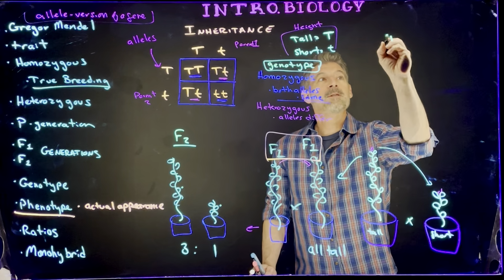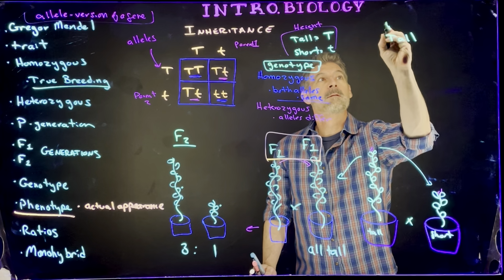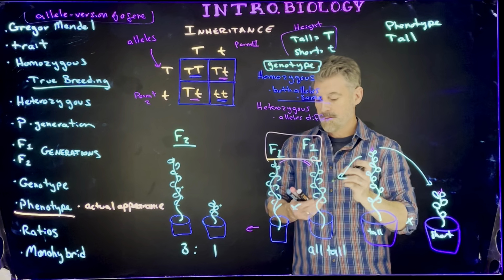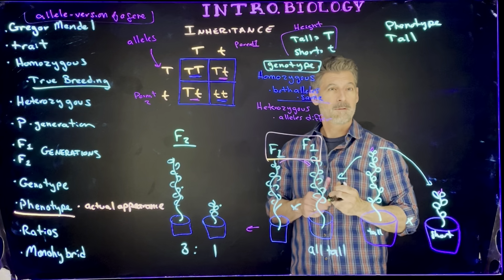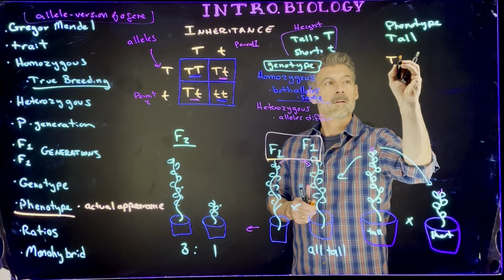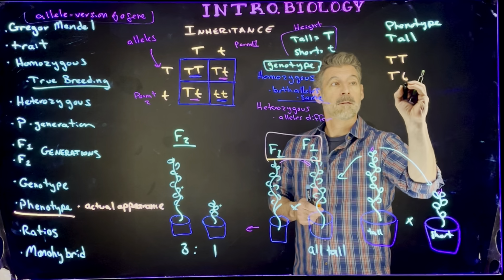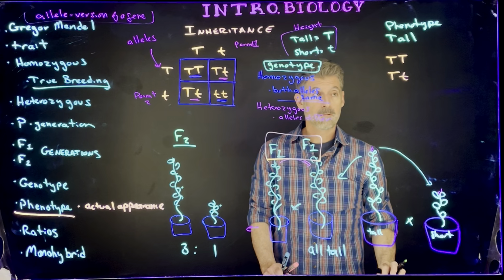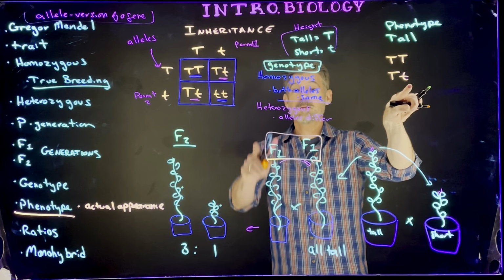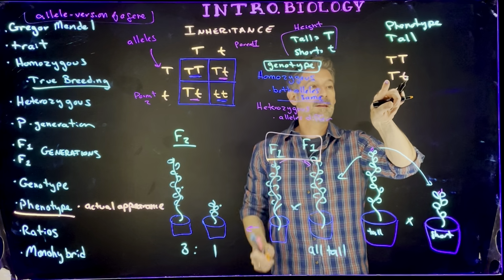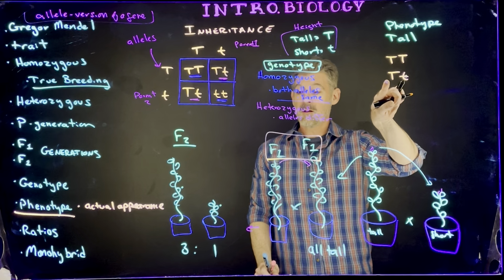So for the phenotype tall, we actually have two genotypes, right? That genotype would be tall. This genotype would be tall, right? The heterozygous one, where the alleles differ because one allele is dominant to the other allele, still looks tall.